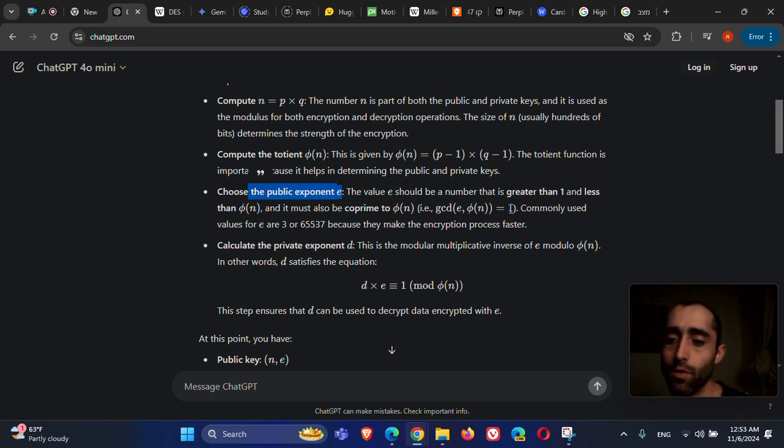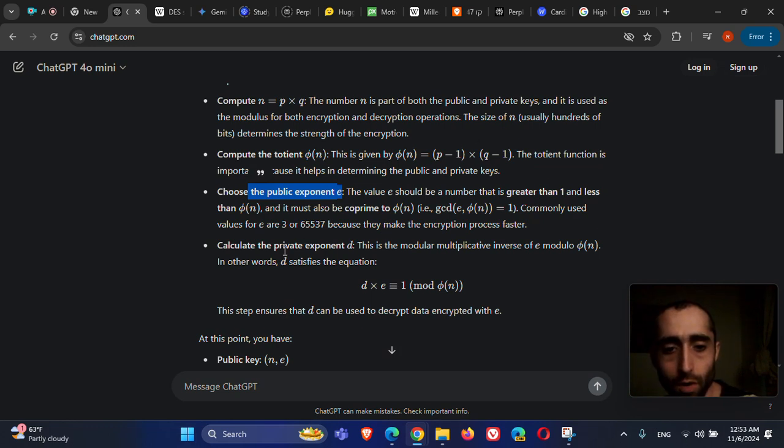Okay, so they don't have any common divisor except for 1. Commonly used values for e are 3 or 65537, because they make the encryption process faster.